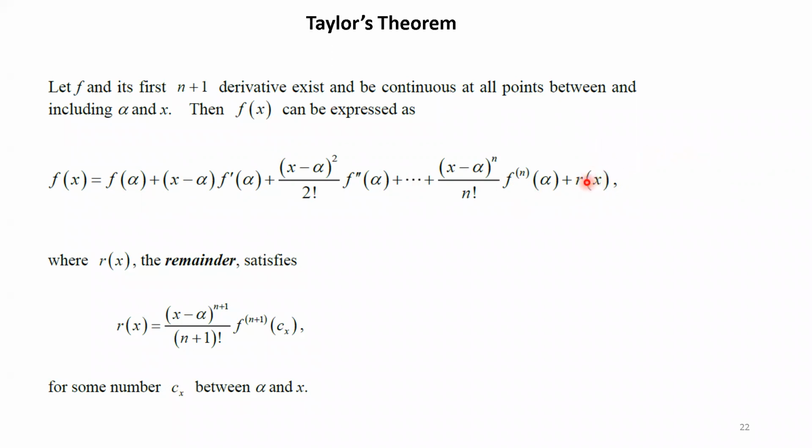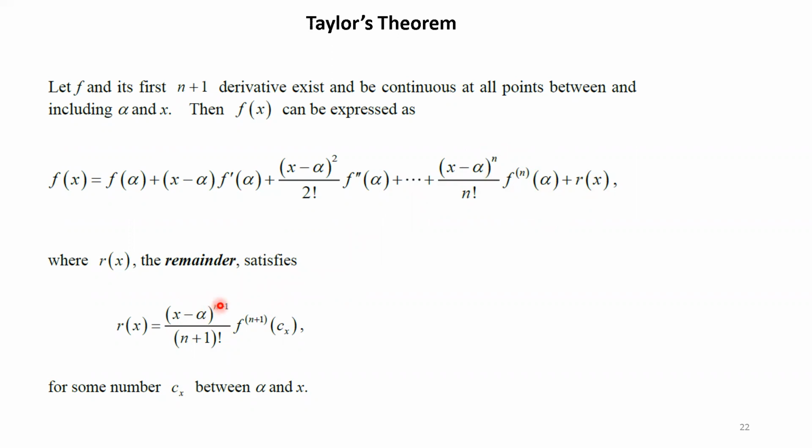But then of course the question is how significant this R of x is. This Taylor theorem actually tells us that this R of x can be written as a single term like this. What does it look like? It looks like basically the next term after this term, because this is x to the n, this is x to the n plus 1.